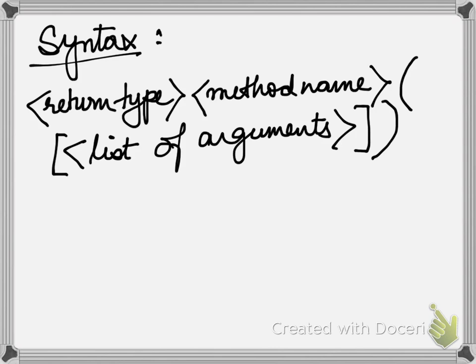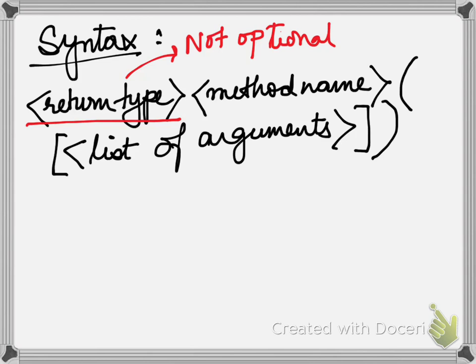Okay, so again let us recap. We have the return type, that is the data type of the value which is returned by the function. Now you can see that this is not optional. Even though I have said that a function or a method may not return a value, still this is not optional.